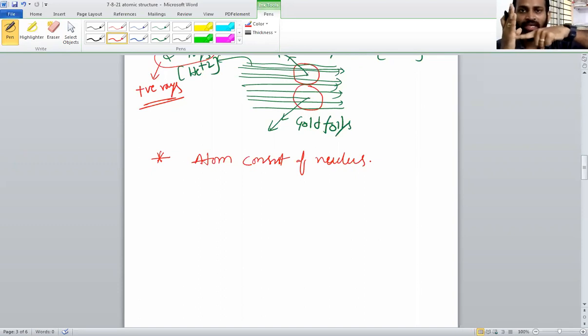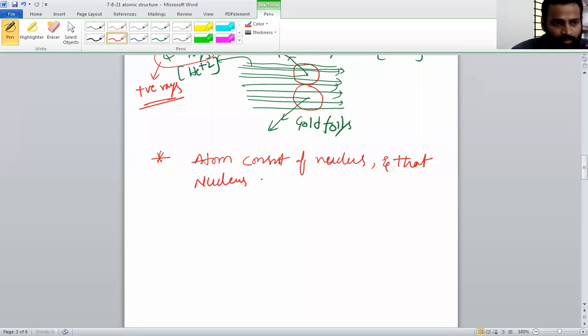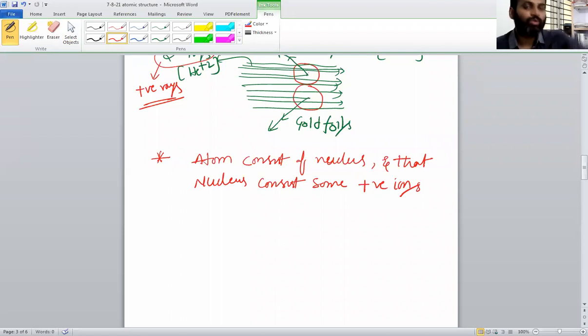That means that center he named the nucleus, and the atom consists of a nucleus, and that nucleus consists of some positive particles.